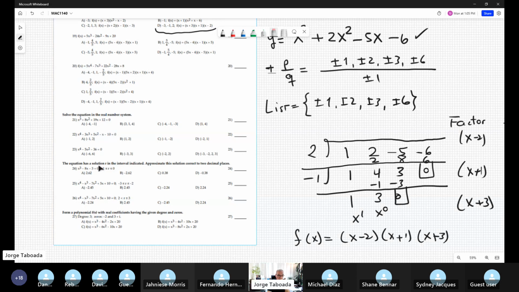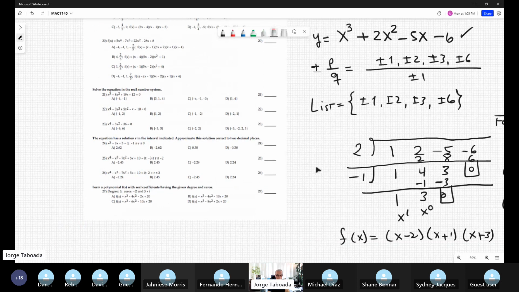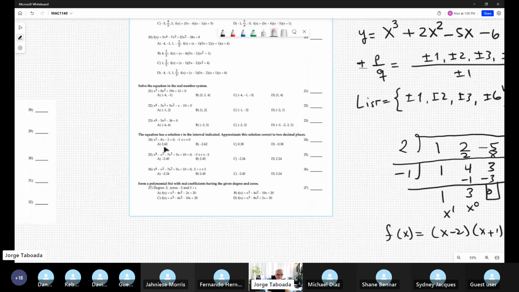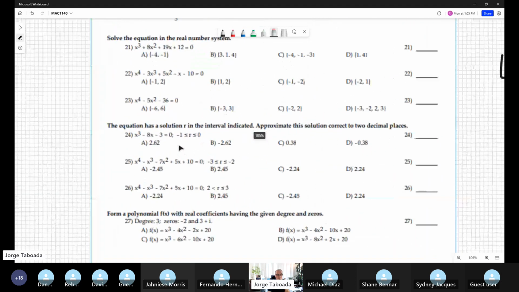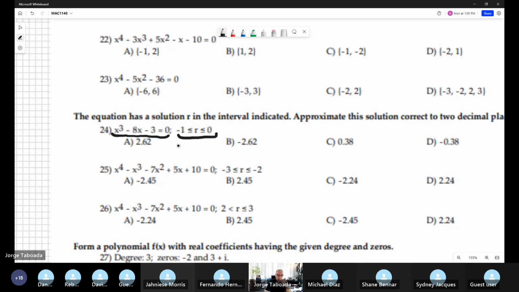However, 24, 25, and 26 is a little bit weird. So I would like to explain this right now. Because it's giving one polynomial. Look, it's giving one polynomial, no, one equation, polynomial equation, of course. It is giving one interval. I want to investigate 1, 0, okay, by the way, decimal weird, and between this interval.